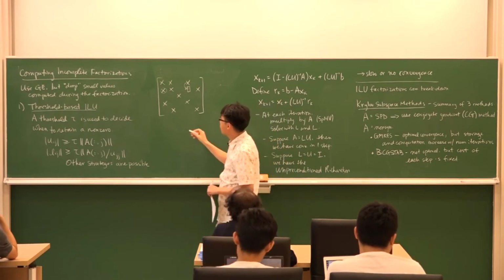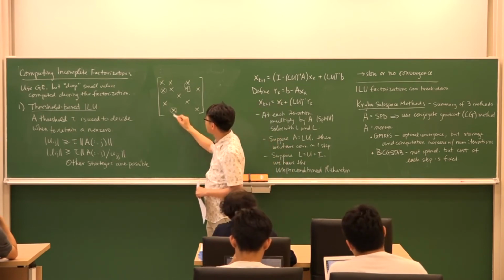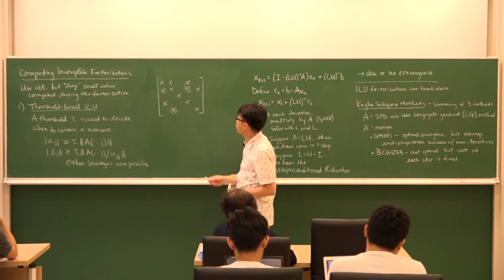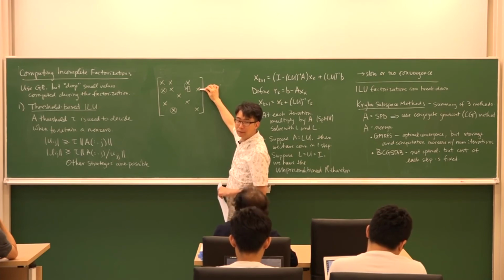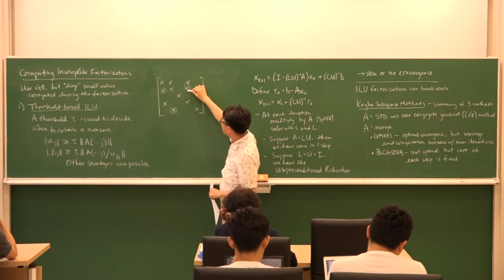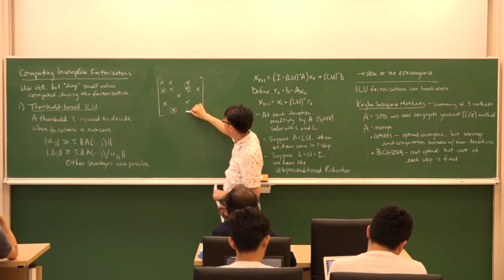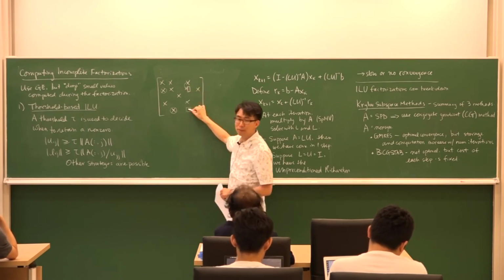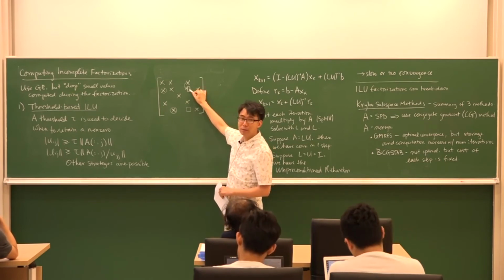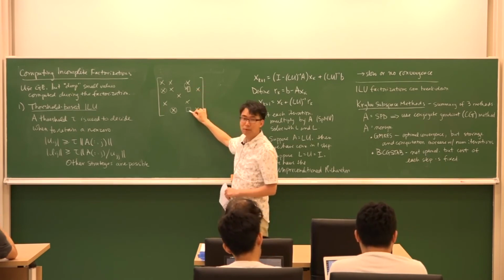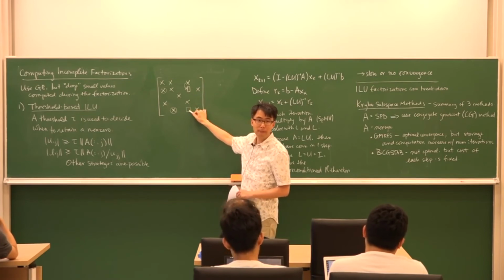Notice that later on, I might want to create a non-zero over here. And that's going to require me to add some multiple of the second row, right? And if I had put in a non-zero over here, then this non-zero is going to create yet another non-zero over here. But if I did not put in a non-zero over here because it was small, then this non-zero would never be created.